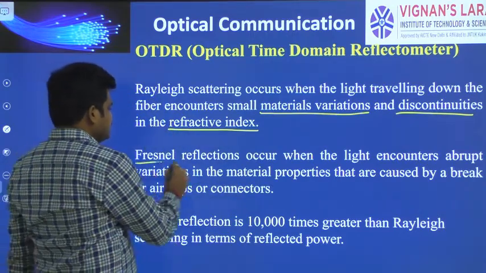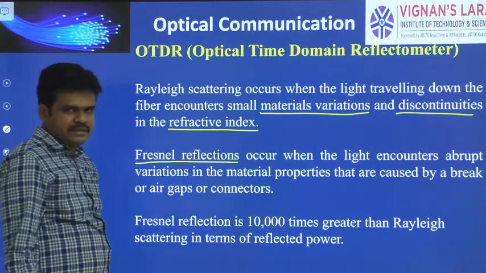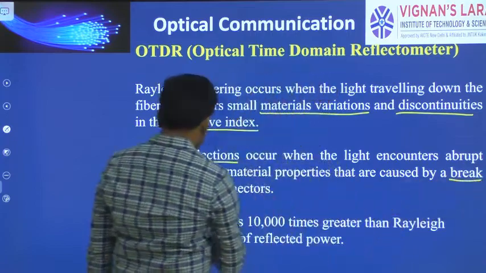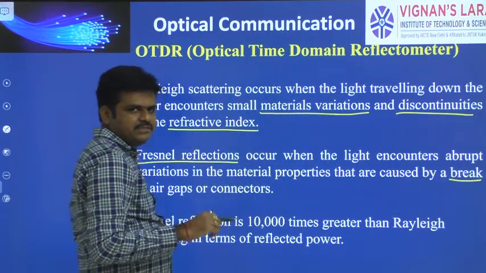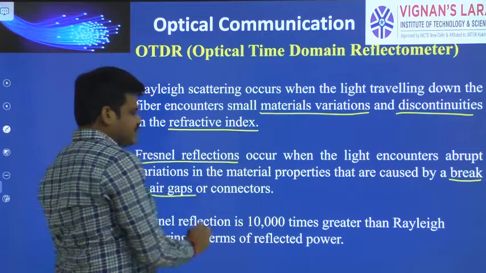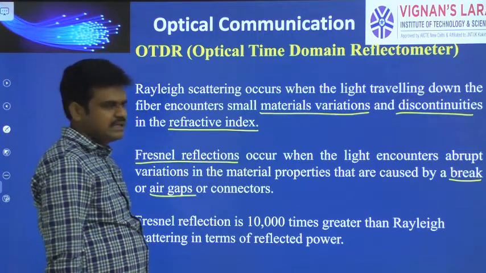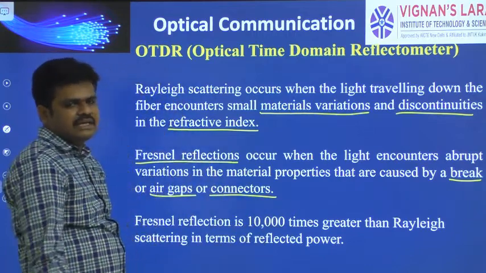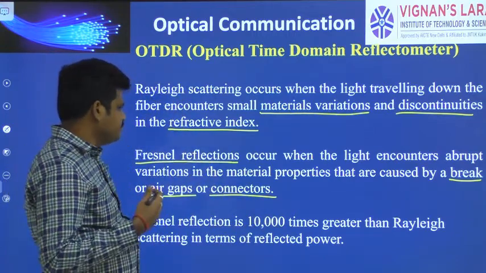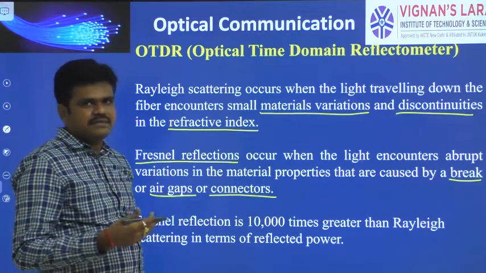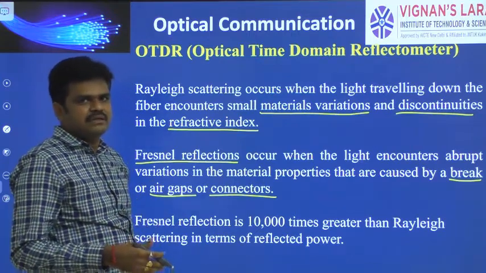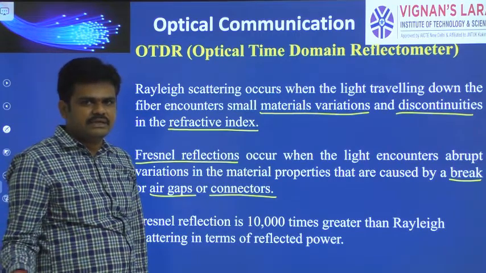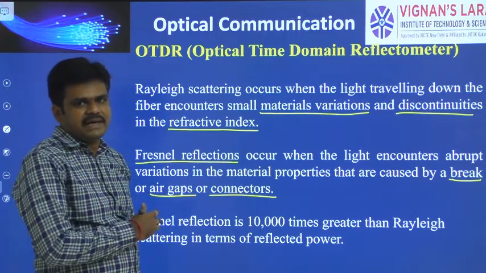What is Fresnel reflection? In the fiber optic cable, if the optical cable is broken, or if there are some air gaps inside the cable, or if there are connectors, due to this air gap, breaking, or placement of connectors at different points, some part of the power traveling inside the optical fiber may get reflected back.